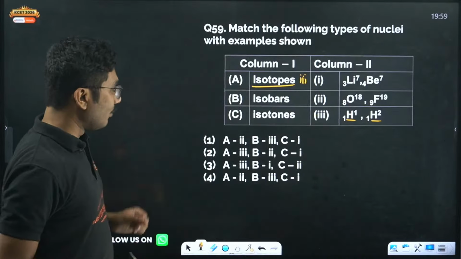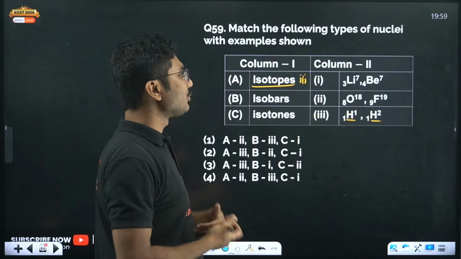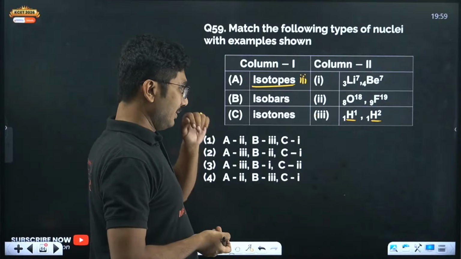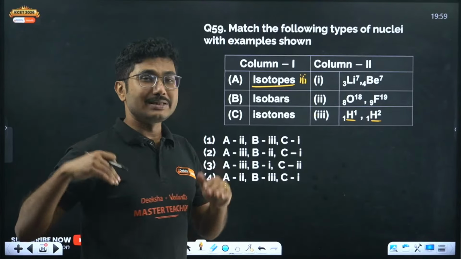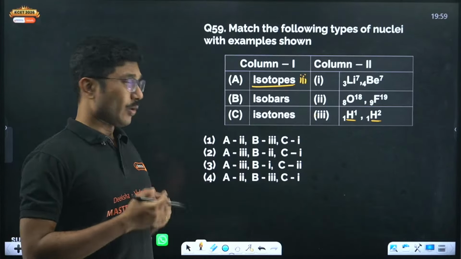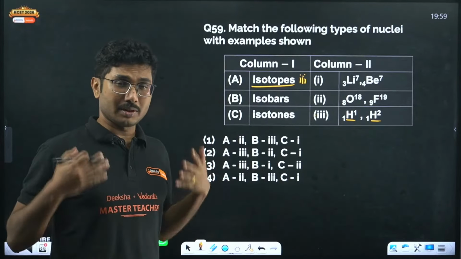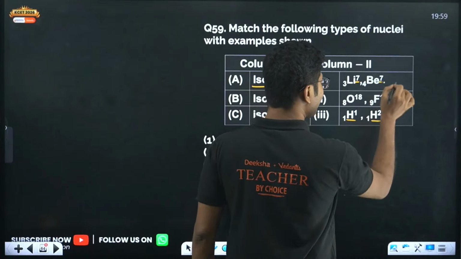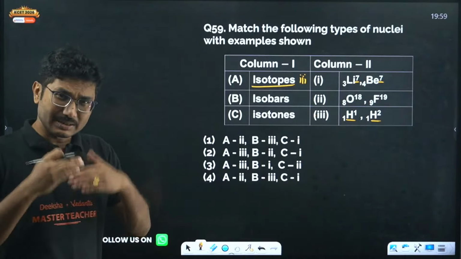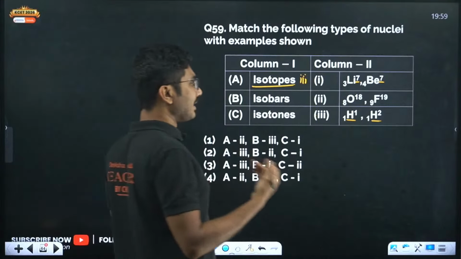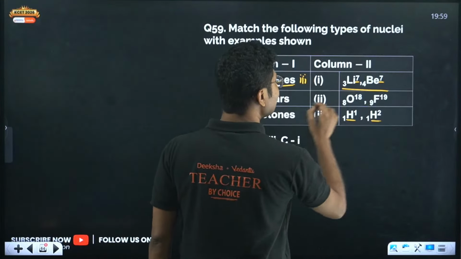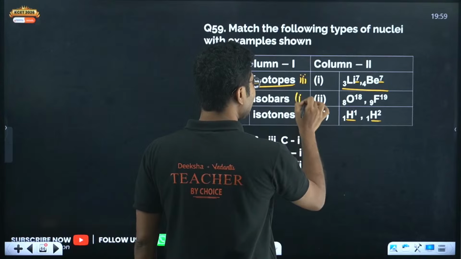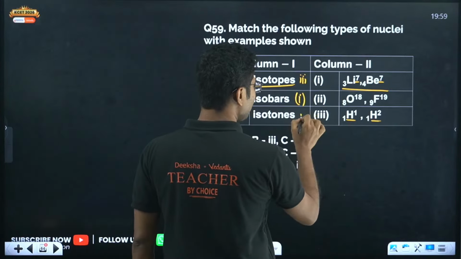What about isobars? Isobars means there will be a visible similarity. What visible similarity? The mass number will be the same. If you see here, this one and this one have the same mass number. There is a similarity, isobaric. So these two are isobars and the remaining are isotones.